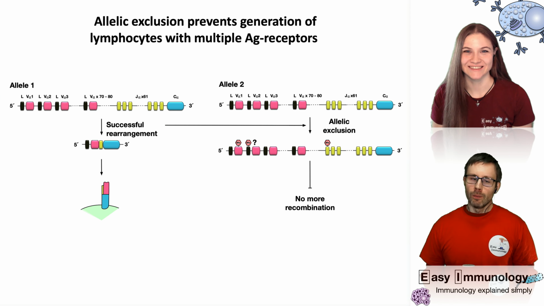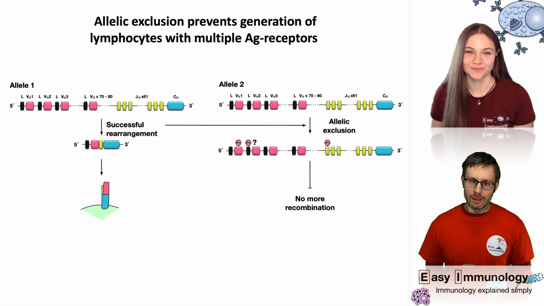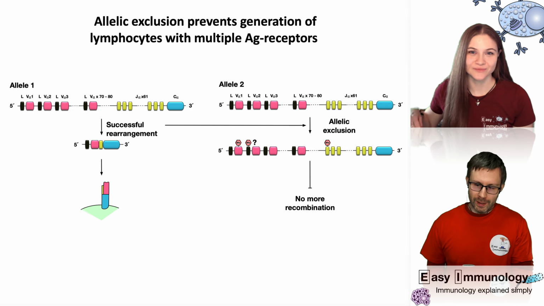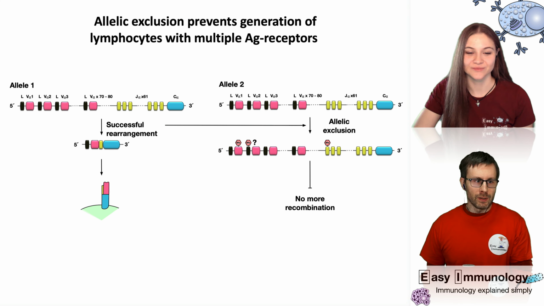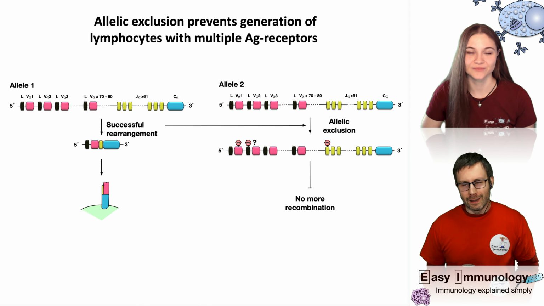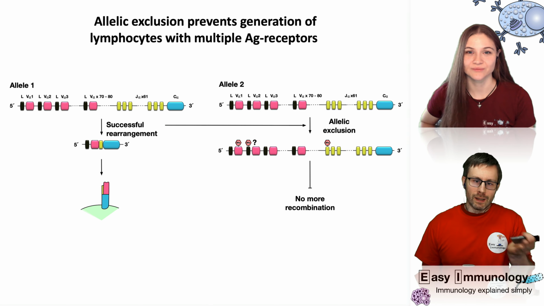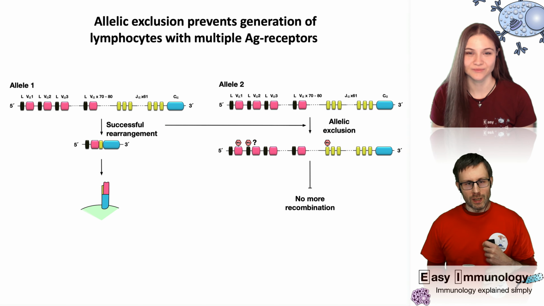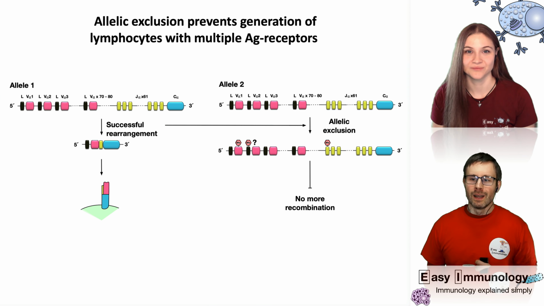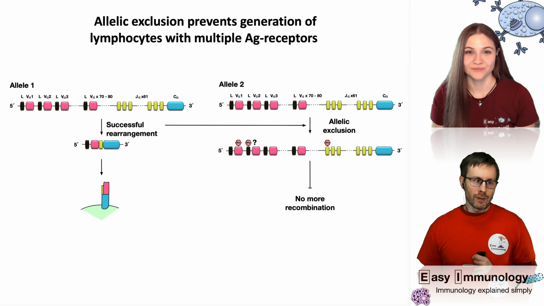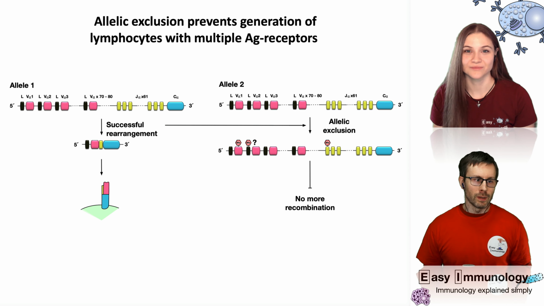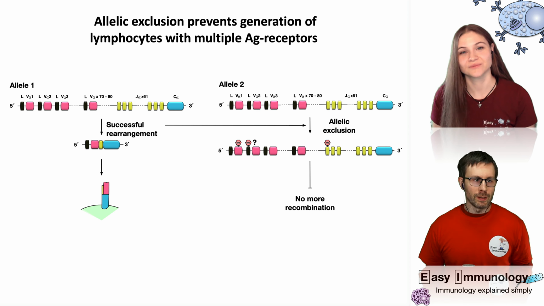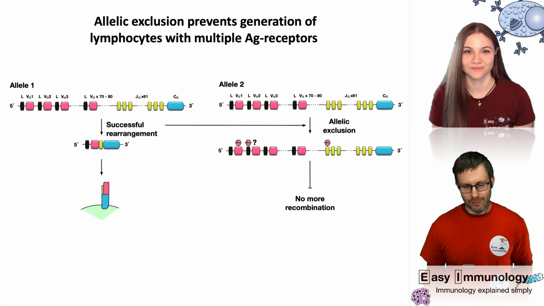But the thing is, it's a compromise between losing or wasting a lot of cells and material, but it is like the only way, at least the only way that our body has come up with, of generating 100 million different receptors from a few hundred gene segments. Yeah, this is just a compromise, and you just take it for granted that most of the stuff you put out is junk. Yeah, this is just a way how to do it.